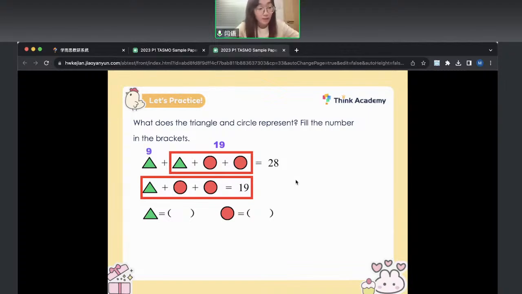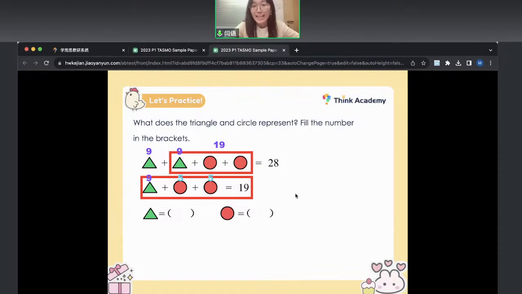Well done. I see some of you answered that correctly. And as long as you figure out the value of the triangle, what should we do? Label it, okay? 9, 9, 9, try to label. And do remember to fill in the blank. After that, move on to the circle. Here, 9 plus 2 circles equals 19. So what about 1 circle?